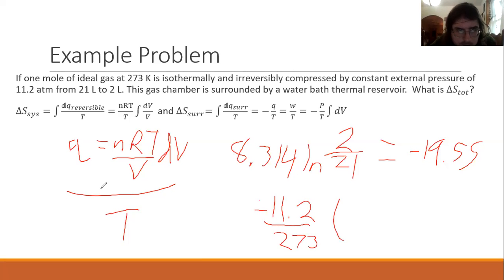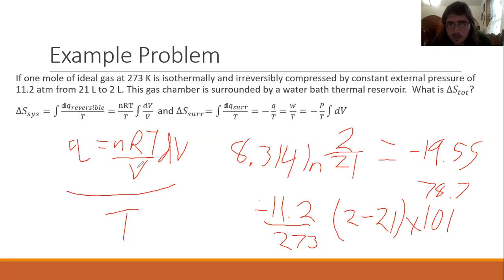and 2 minus 21. And then times 101 to get this into joules. 2 divided by 273, 19 times 101. So you get what? 78.7 minus 19.5.